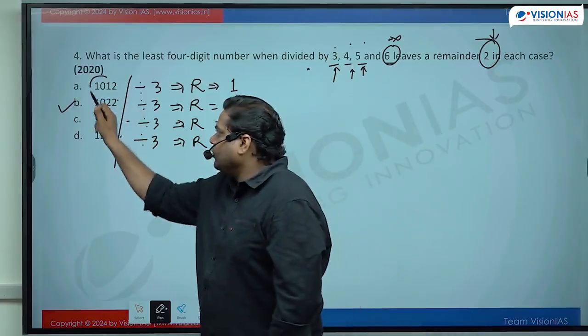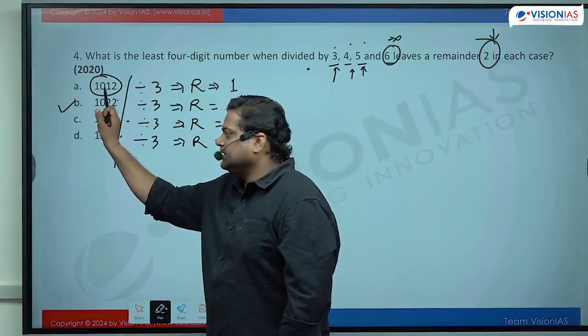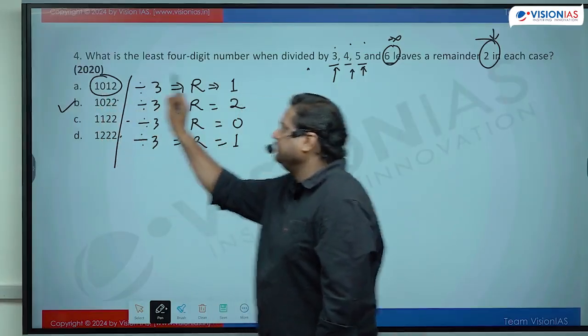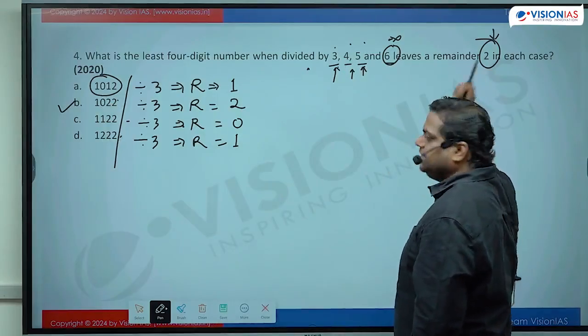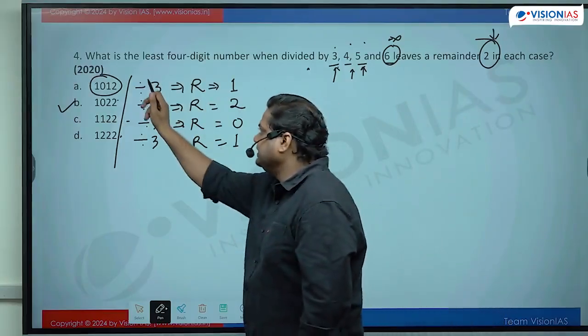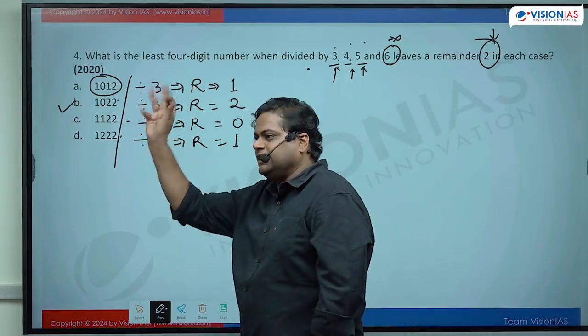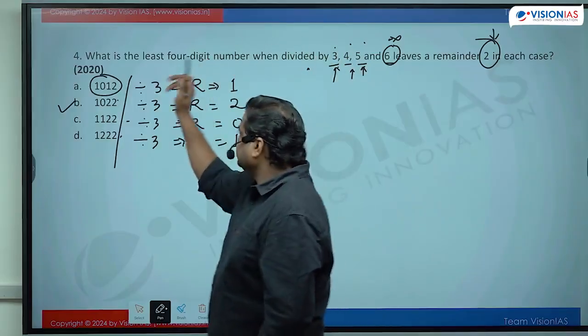So if we take option 1, if it is the answer, then if we divide this number by 3, 4, 5 and 6, it will leave remainder 2. So we can apply 3 का divisibility rule. First 3 और 9 का ही apply करते हैं इसमें. Mostly in these cases, answer we can get.